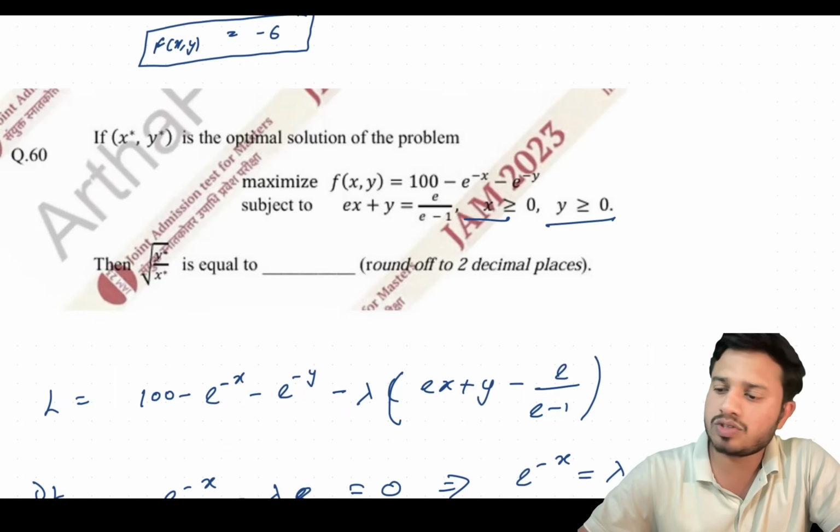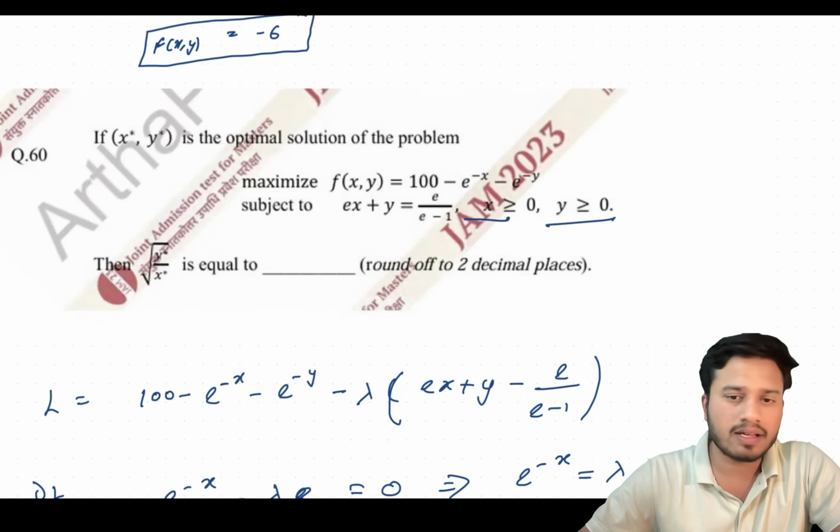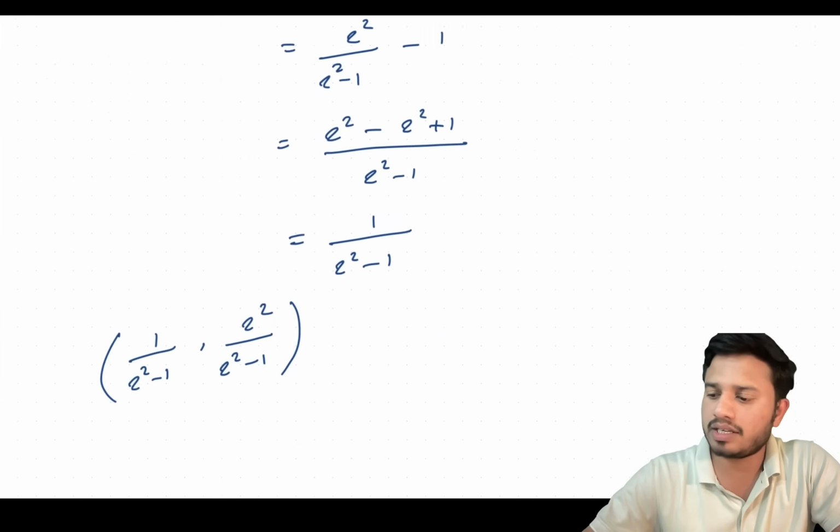So the optimal solution is achieved. We have only one critical point, nothing to check here.